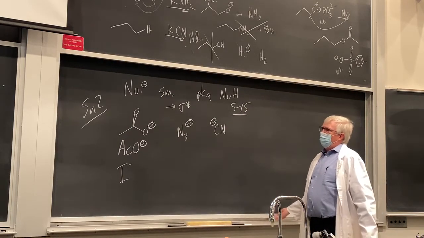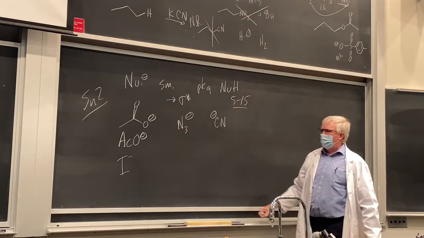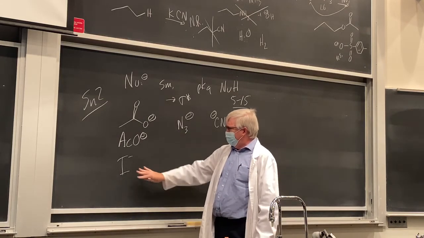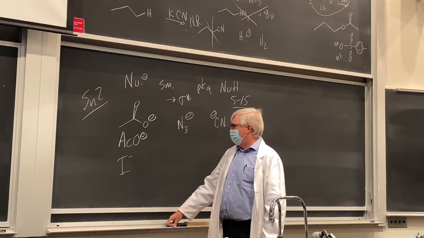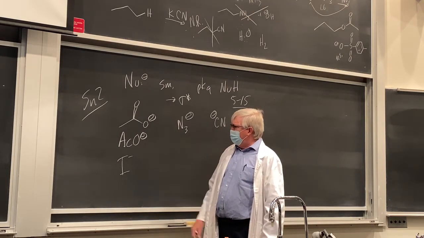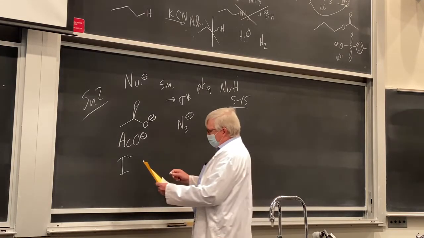Normally think of halogens as being outside this range. They're down in the minus range, right? But this big polarizable anion here, under certain conditions, in particular with the polar protic solvents, can be a very good nucleophile. We'll talk about solvents too today in a couple spots.